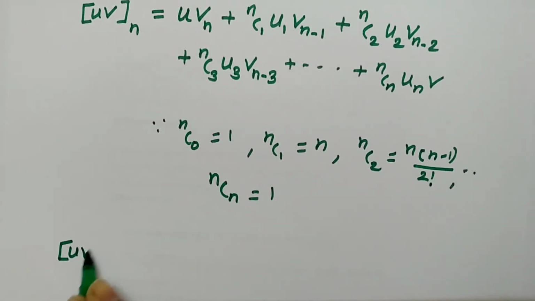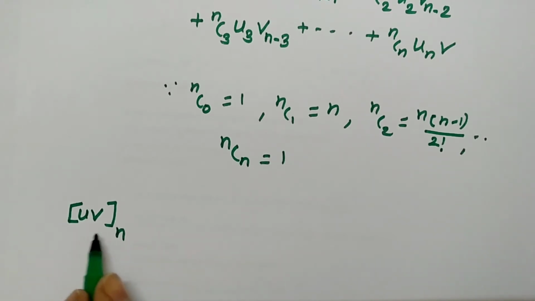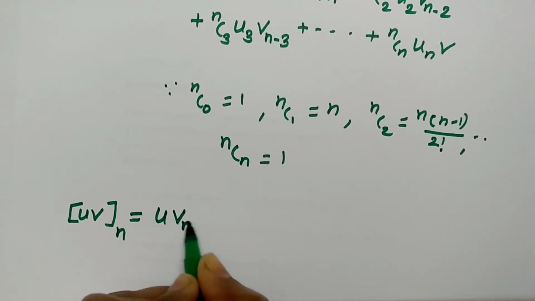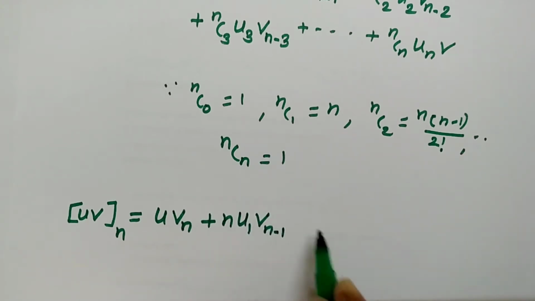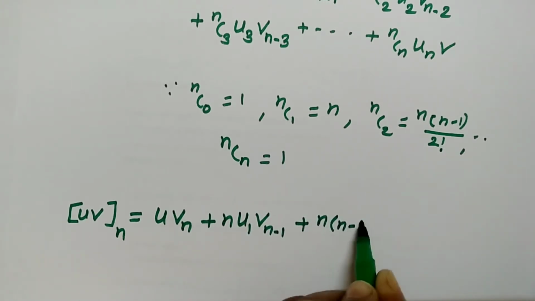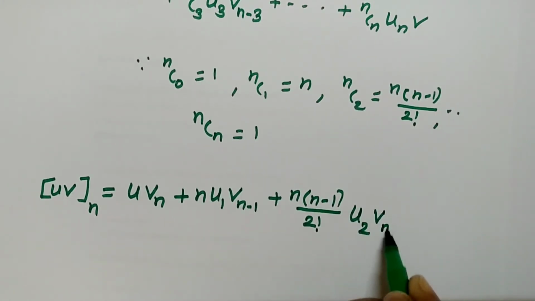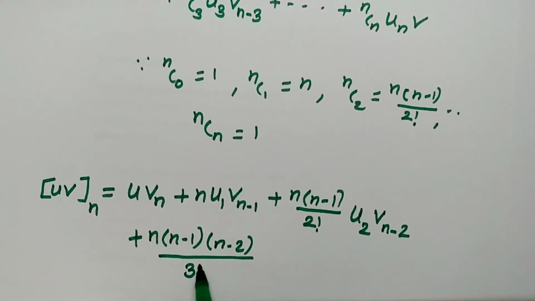Here, (uv)n, that is the nth derivative of uv, will be u vn plus n u1 v(n minus 1) plus n(n minus 1) divided by 2 factorial u2 v(n minus 2) plus n(n minus 1)(n minus 2) divided by 3 factorial u3 v(n minus 3), and so on.